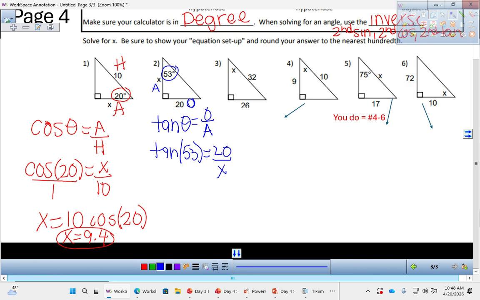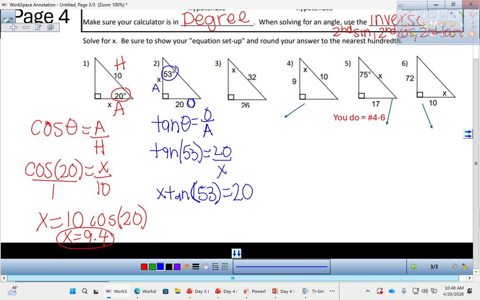Now I'm going to do cross multiplication. You can put a 1 here, but you don't have to. This x multiplies up, and I get x tangent of 53 is equal to 20 times 1, which is just 20. The goal here is to get x alone.